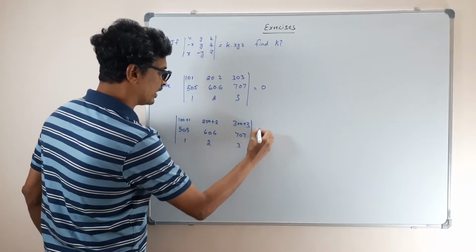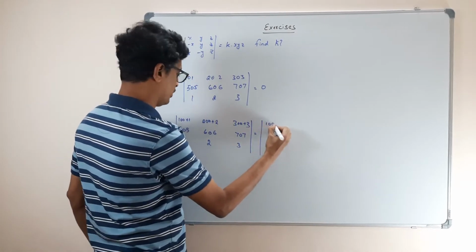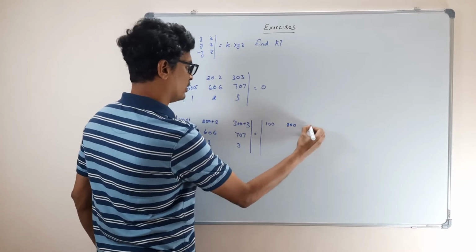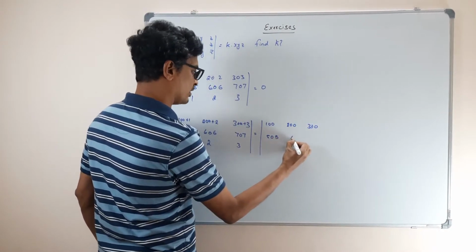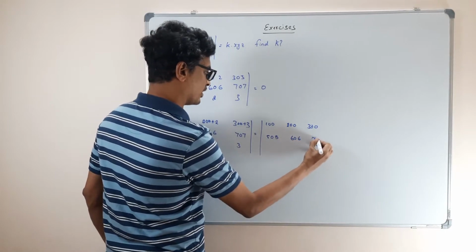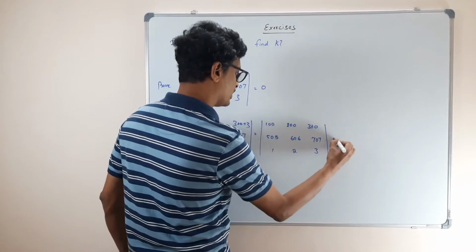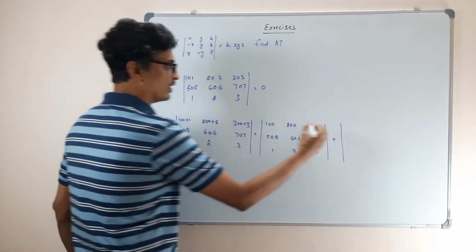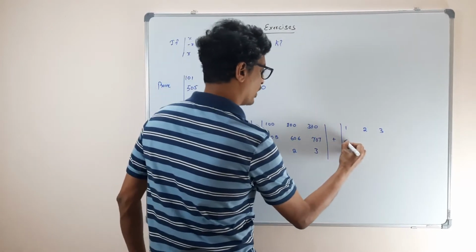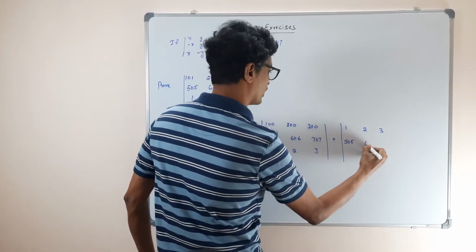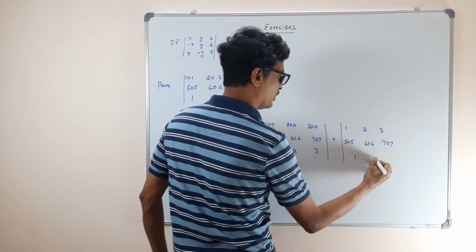This I can write as two parts, right? The first has 100, 200, 300, with rows 505, 606, 707 and 1, 2, 3, plus another with 1, 2, 3, with rows 505, 606, 707 and 1, 2, 3.